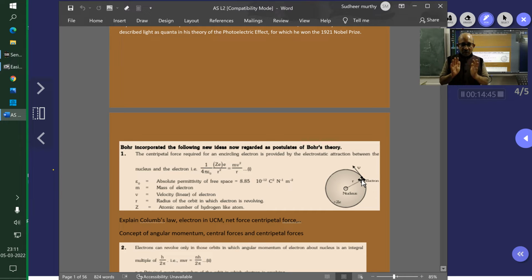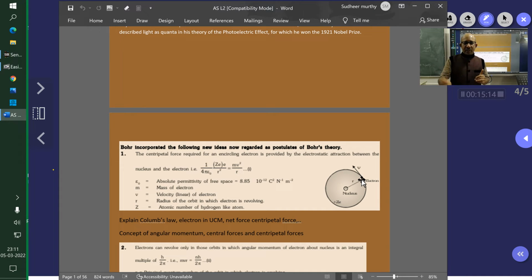Students, now we are learning the Bohr theory, so we have to consider the electron is moving in a perfect circle. As we learn more, we cannot stick to the condition that the electron is always moving in a circular path. But as far as we are learning Bohr theory, we have to say it is moving in a circular path.